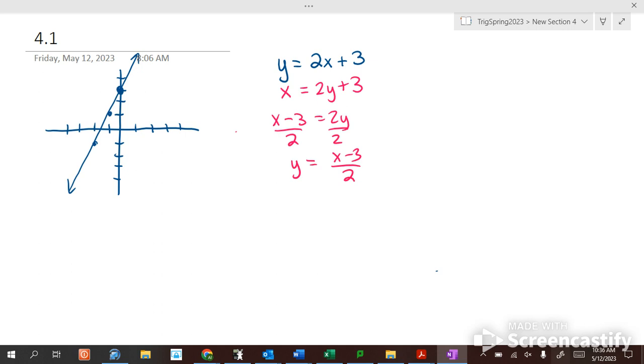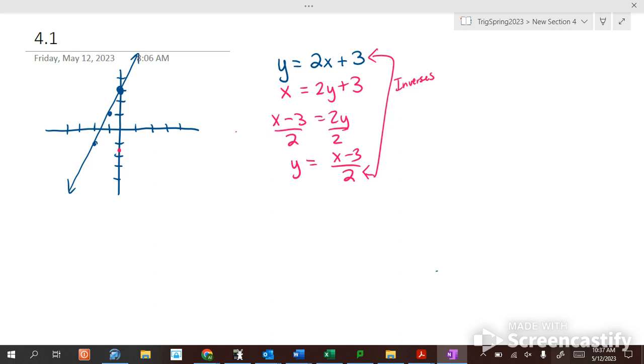So what points would that be? This is the inverse. These two functions are inverses of each other. So if we put in a 0 for x, we get like negative 1.5. Okay, that's not a very nice number.